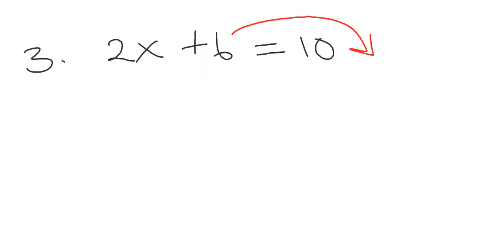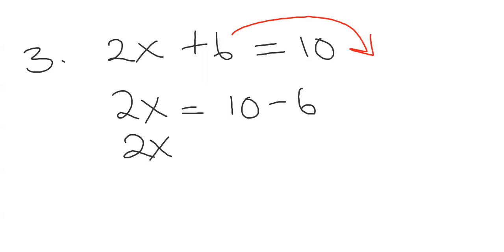So it means this side, you're going to be left with a 2x, and that side, you're going to have 10 minus 6. The 6 becomes negative because it is positive, and you are taking it to the other side, so it becomes a negative. Now, solving this, we now have 2x is equals to 10 minus 6. 10 minus 6 is 4. So we now have 2x is equals to 4.